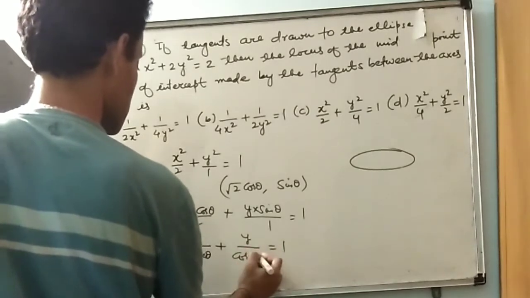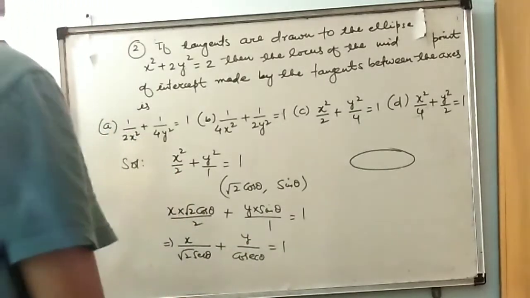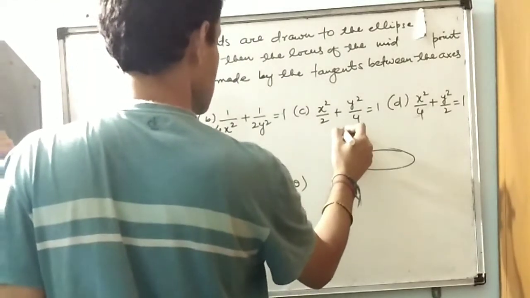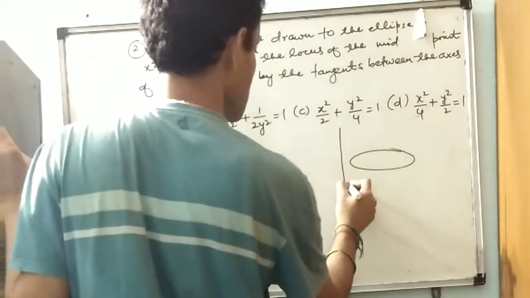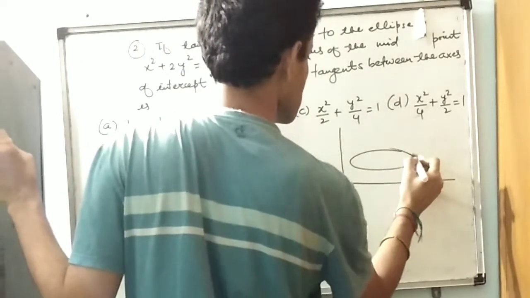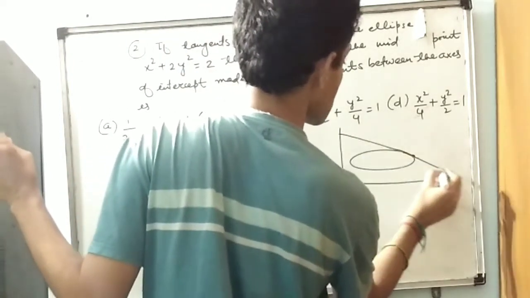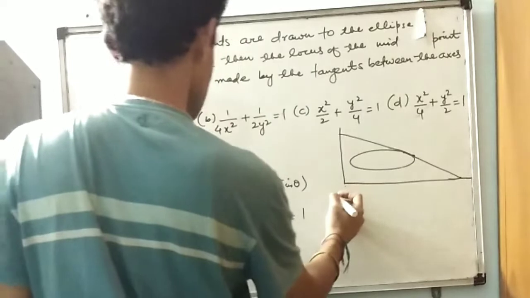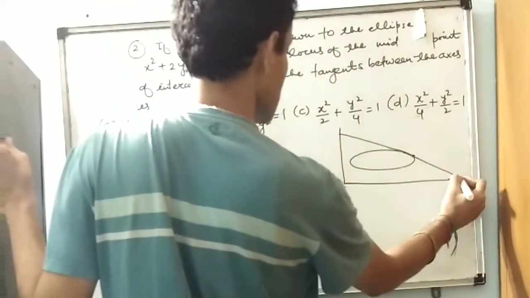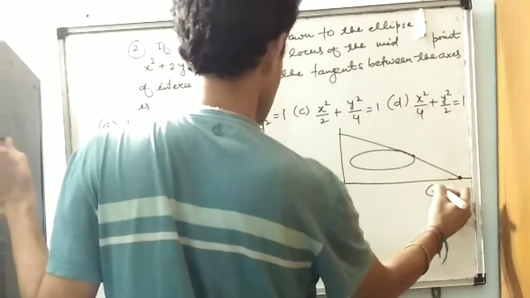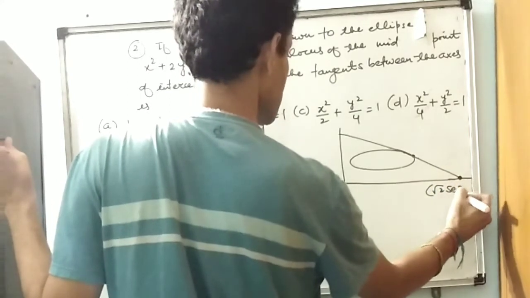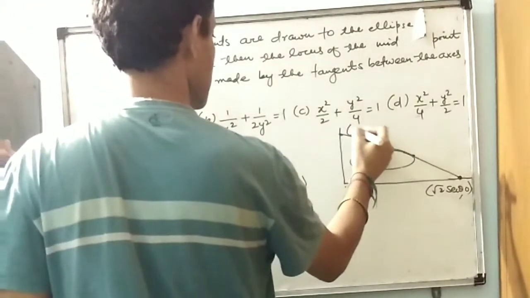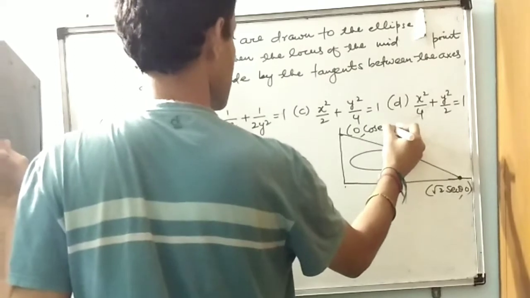We have deliberately converted it into the form of x upon a plus y upon b is equal to 1, because that gives us an idea: suppose this is the tangent, passing like this, its intercept on the x-axis will be root 2 sec theta. Therefore the coordinate of this point will be root 2 sec theta comma 0, and the intercept on the y-axis is cosec theta, so this coordinate will be 0, cosec theta.